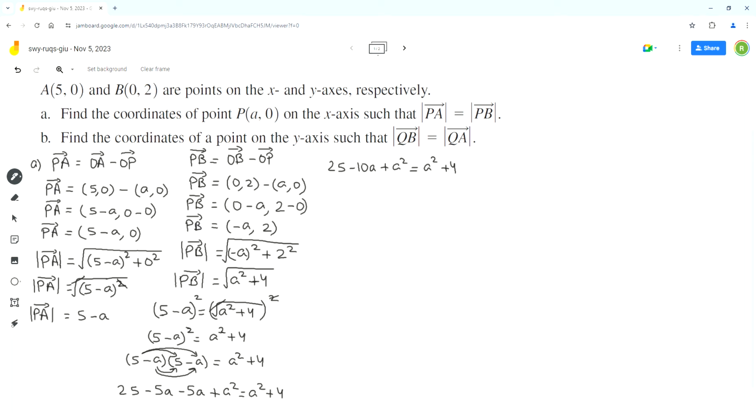And we can subtract a squared from both sides. So the a squared terms get cancelled out. Now we can subtract 25 from both sides.